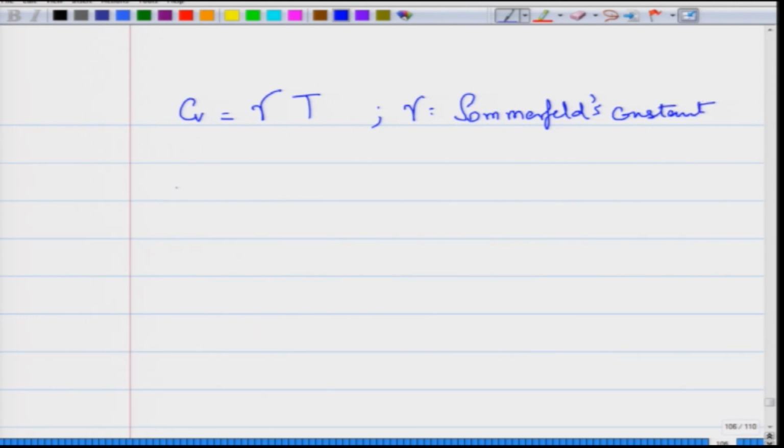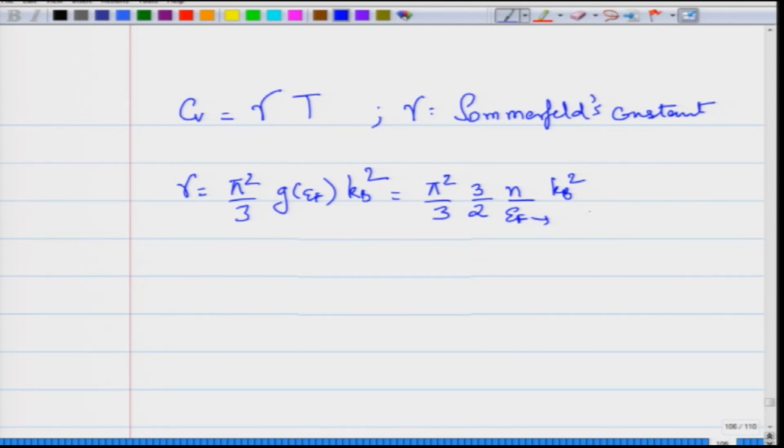Gamma is the Sommerfeld's constant, where gamma is pi square by 3 density of states at the Fermi energy into kB square. This has a very specific value, and this of course you can write it as pi square by 3 into 3 by 2 density divided by the Fermi energy into kB square. This Fermi energy you know is h cross square by 2m into 3 pi square n raised to 2 by 3. We have already seen this as the expression for the Fermi energy.